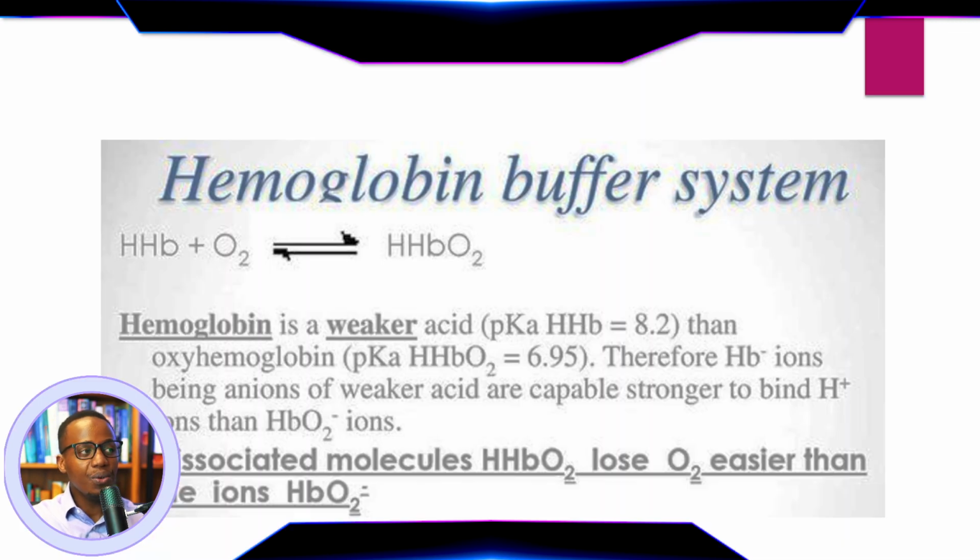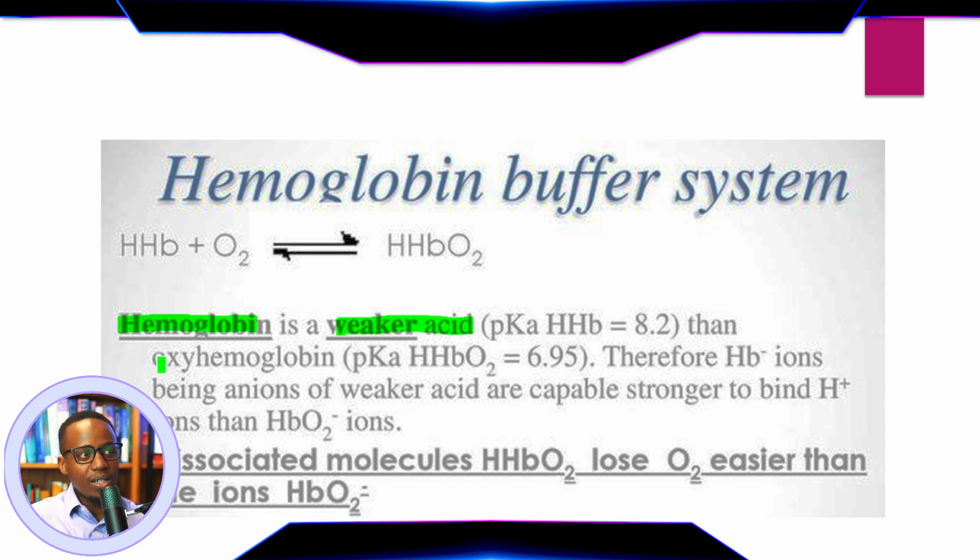So we have a few buffer systems. One is the hemoglobin buffer system. The other one is the albumin buffer system, one of the most abundant proteins in the blood, right? So hemoglobin buffer system, as you can imagine, it carries the blood, right? Hemoglobin carries the blood, but look at this. Hemoglobin acts as a weak acid, right?